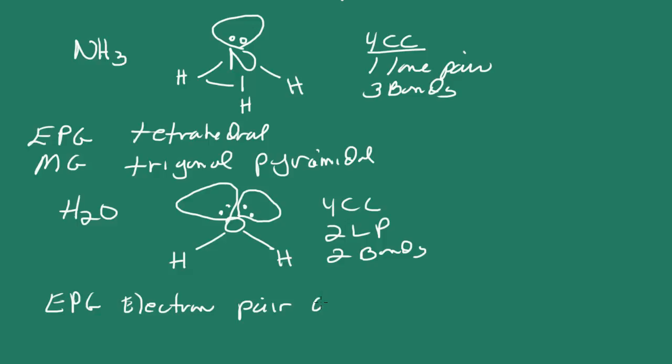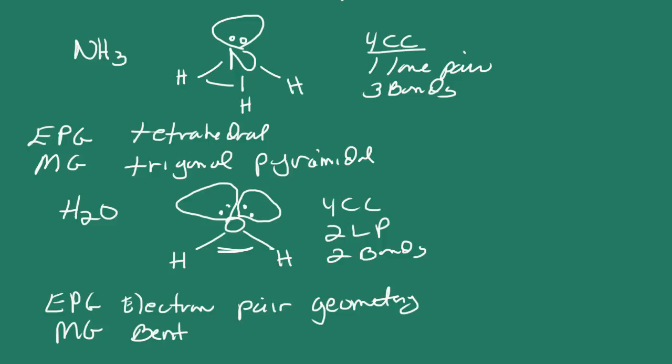As far as the molecular geometry goes, we have these two lone pairs. And remember what I said, those lone pairs are going to strongly repel these bonding electrons. This compresses the angle even more. Okay, so there's no way that the molecular shape is tetrahedral. In fact, the molecular shape or molecular geometry is bent.